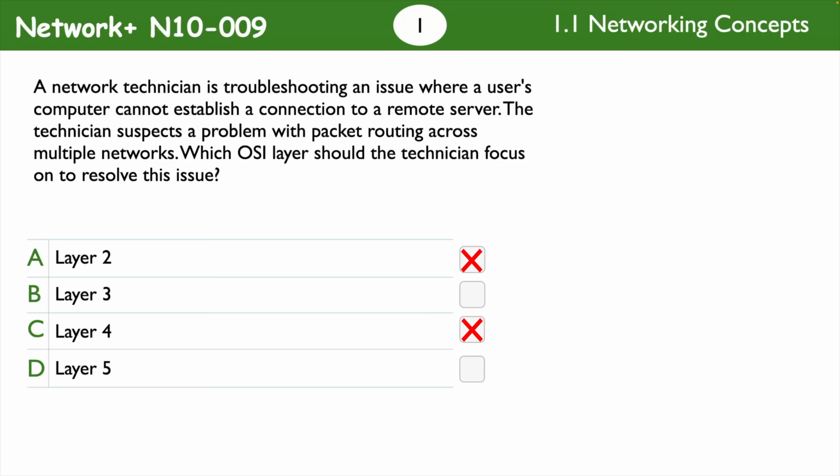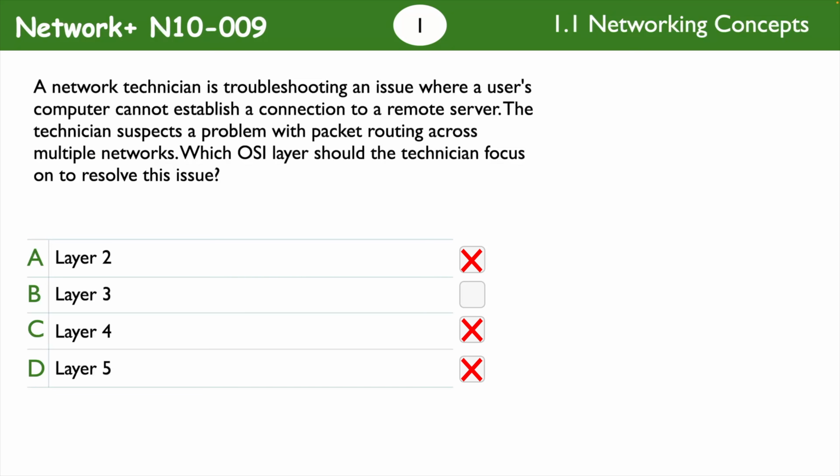And then we can finally eliminate D. And that is the session layer, which manages sessions between applications, including establishing, maintaining, and terminating connections, but that does not route traffic across networks.